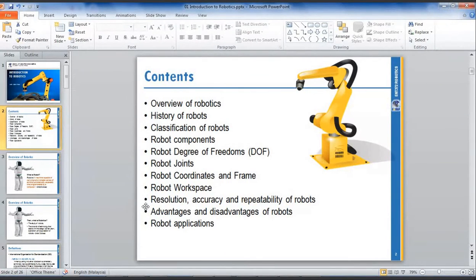This Dobot robot can do laser engraving and also 3D print. If the robot can do 3D print, that means it has good accuracy, repeatability, and resolution. Then advantages and disadvantages of the robot. Robot application.